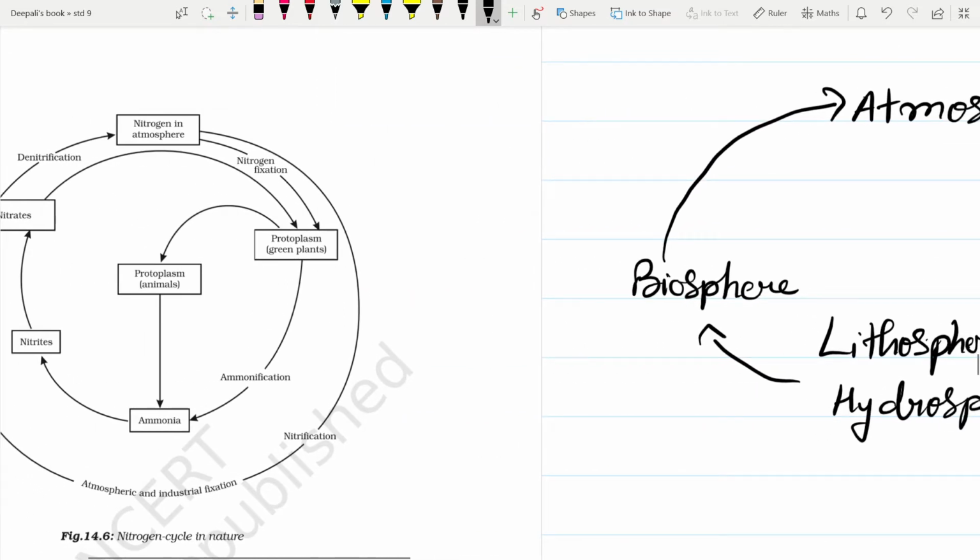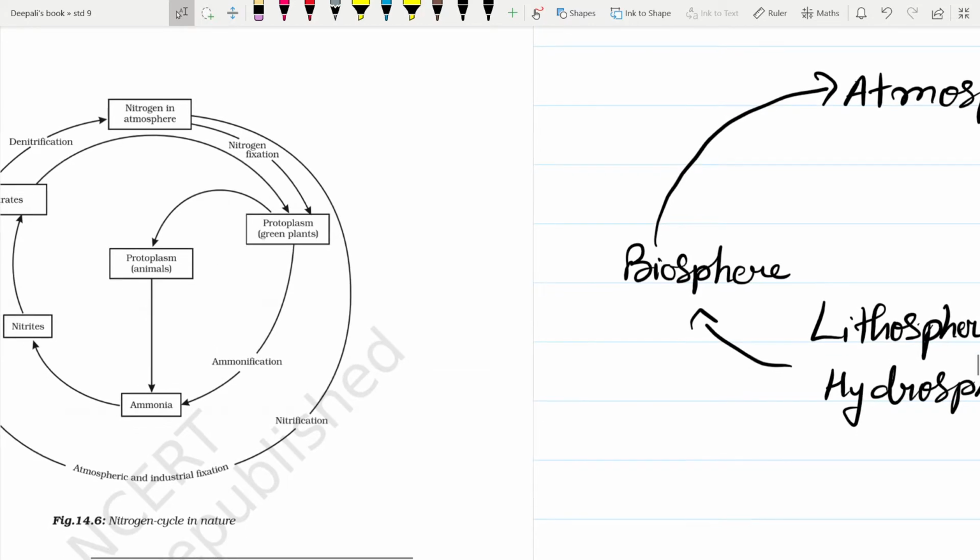Now which are the agents which are causing this movement? Then we have the nitrogen fixing bacteria. They are called rhizobium bacteria or azotobacter in the soil, or blue-green algae. These are the three organisms which can fix nitrogen directly from the atmosphere, and even the lightning process can fix the nitrogen.